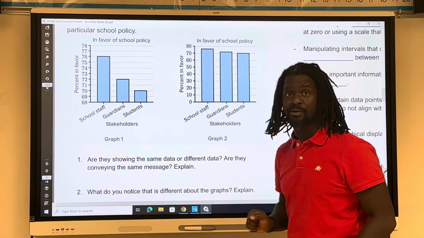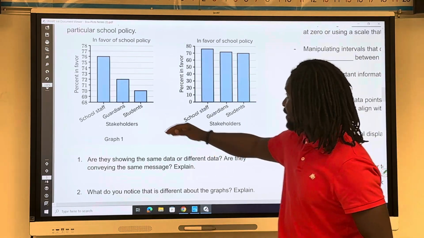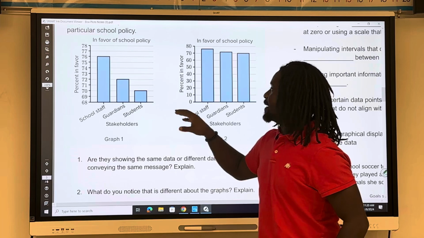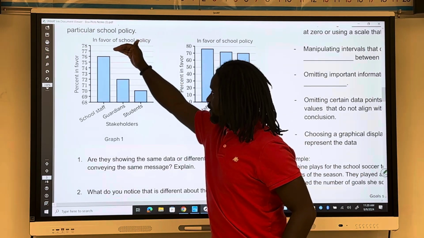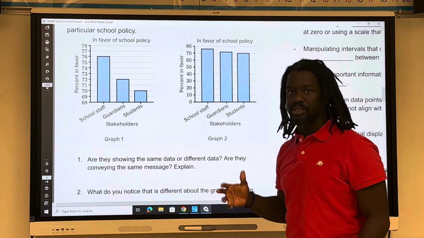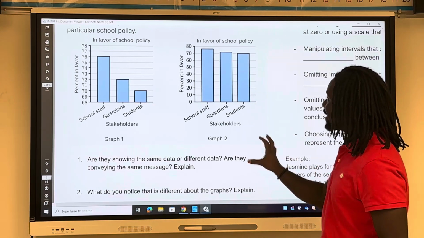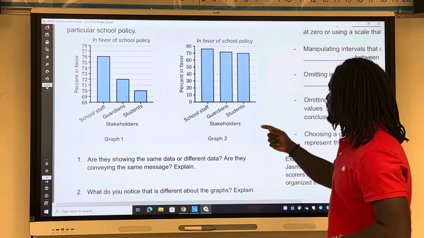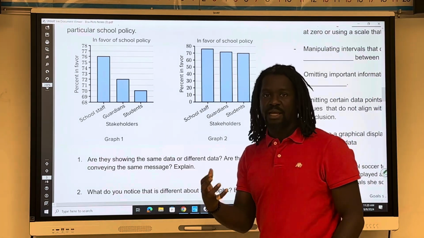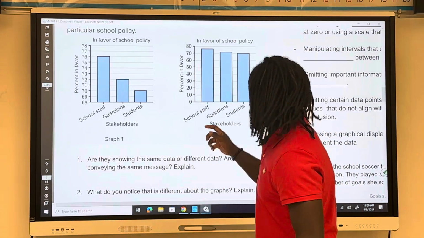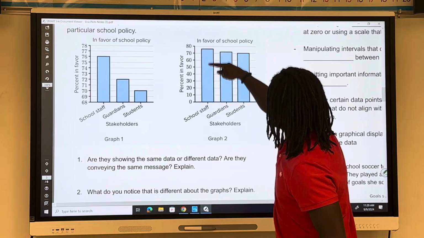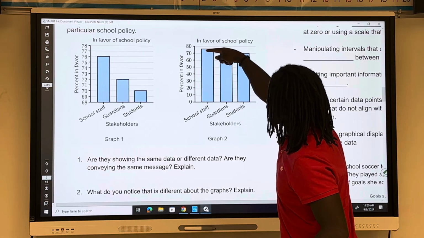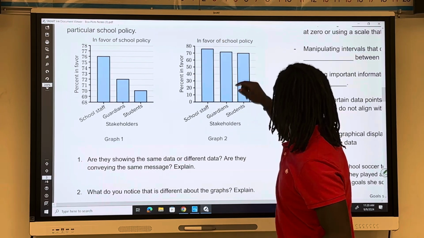When you look at the graph, it appears very different in terms of the bars. The school staff looks much higher than the students. But when you look a little closer, you see that they are, in fact, showing the same exact data. The school staff goes a little above the middle waypoint, so that's actually 76.